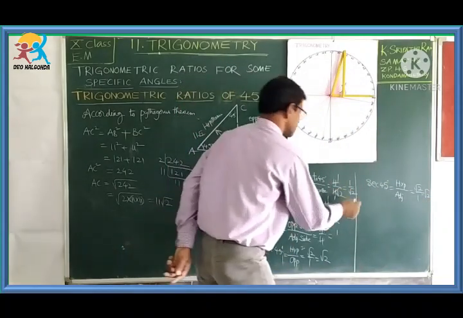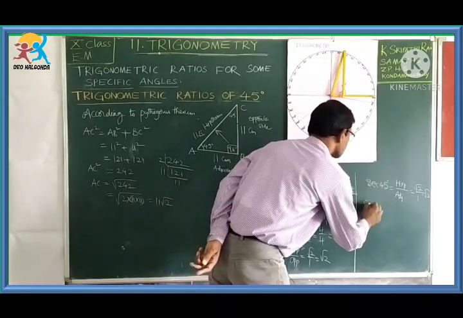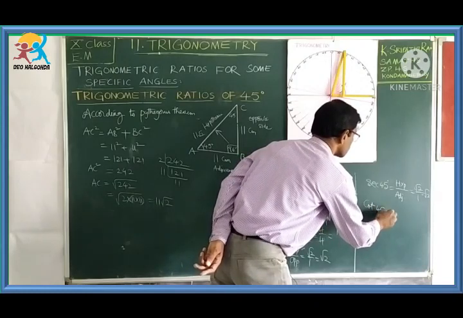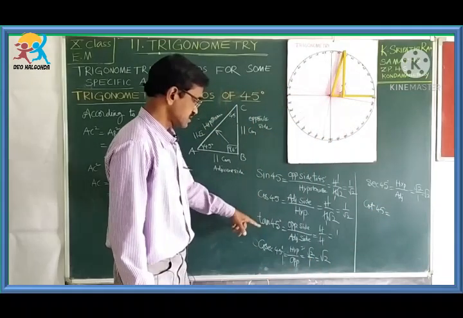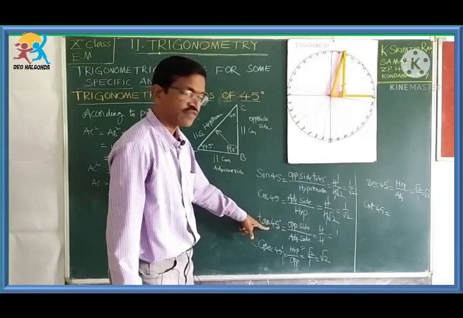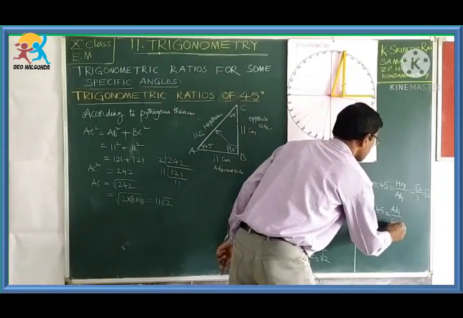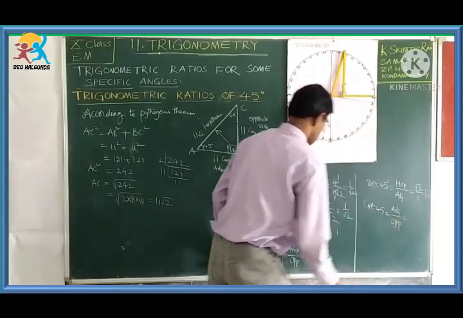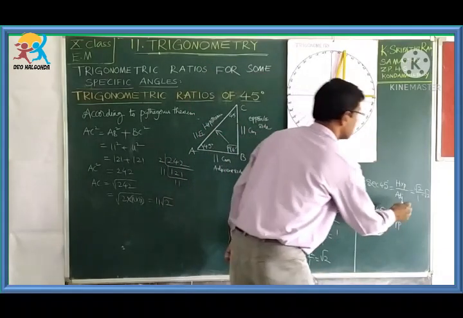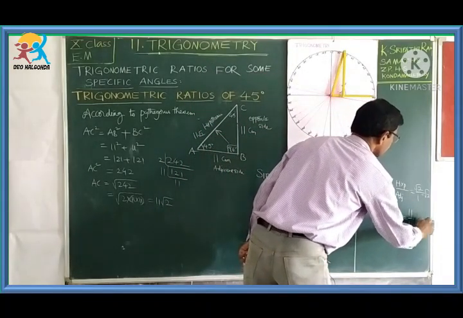Next cot 45, the reciprocal of tan 45, that is adjacent side by opposite side, 11 by 11 will get 1.